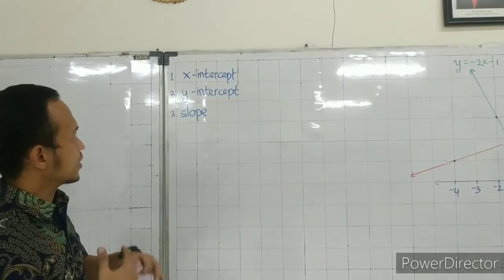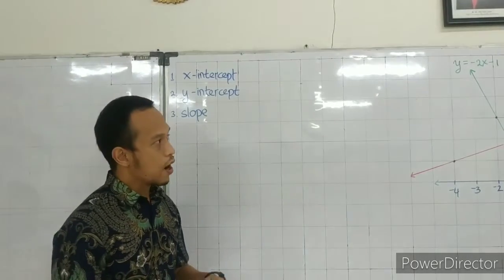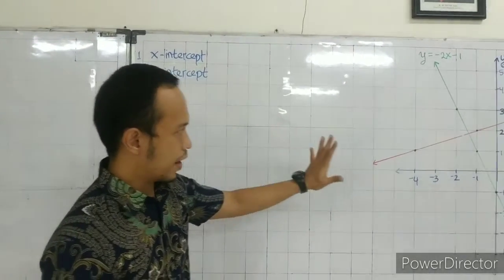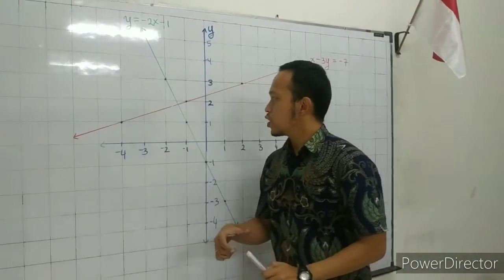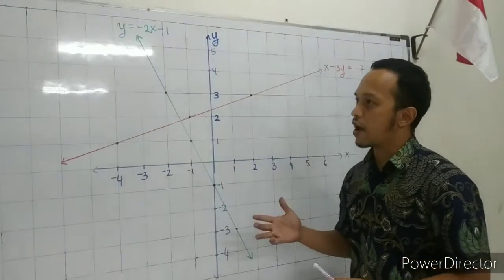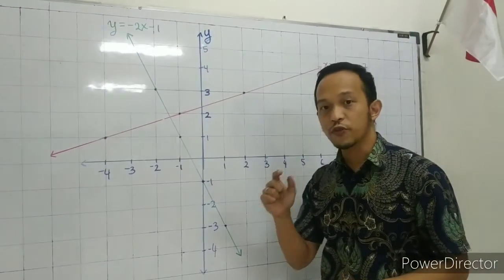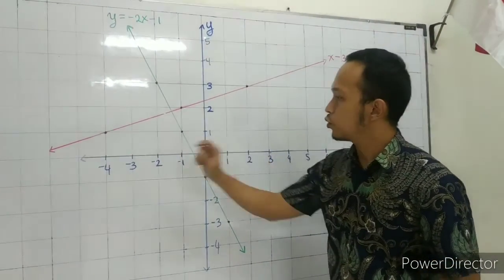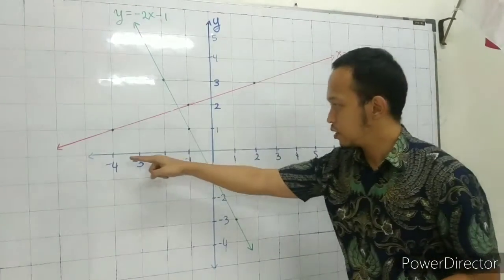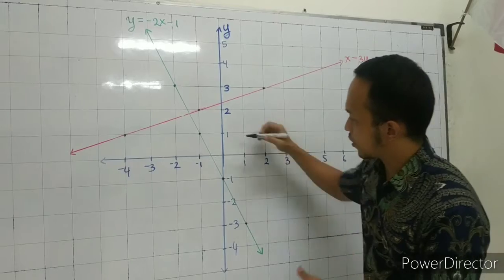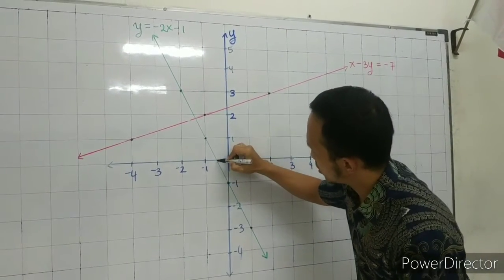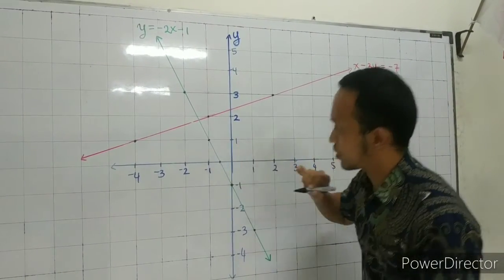The first characteristic is the x-intercept. Now I will give you these 2 graphs. I have already given you the functions. Speaking about the x-intercept, it means the intersection of your graph with the x-axis. When your graph, like this green one, intersects with the x-axis, this is the x-intercept.